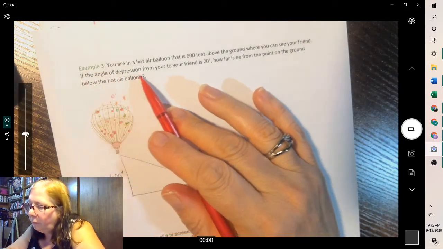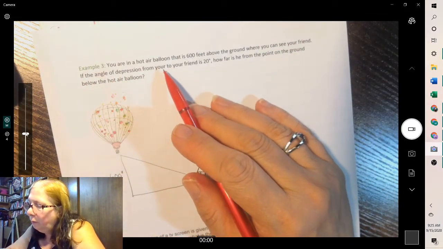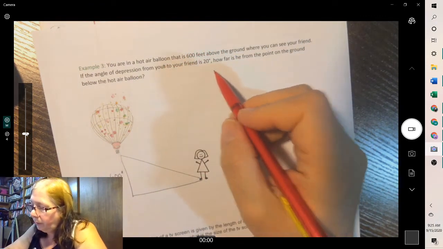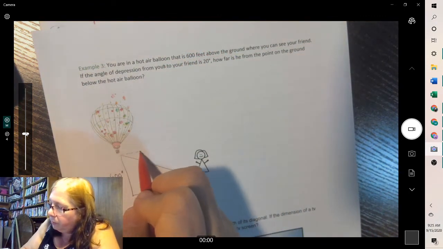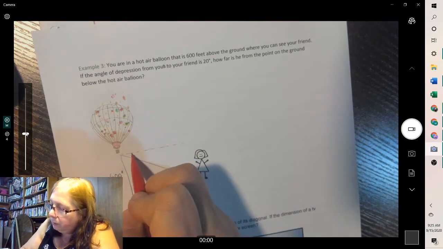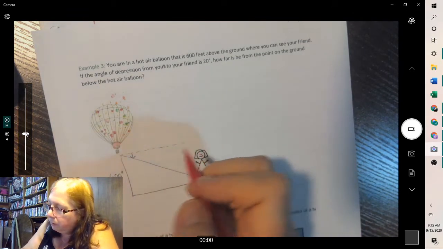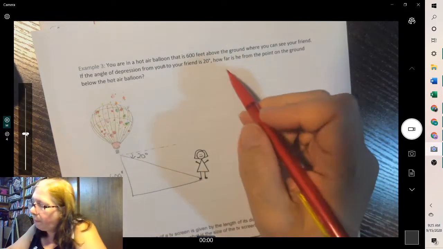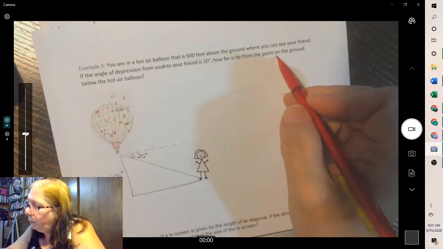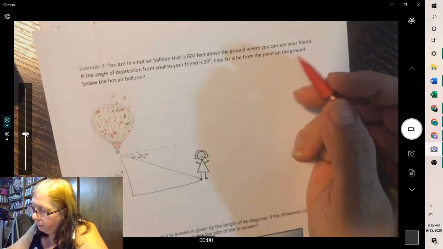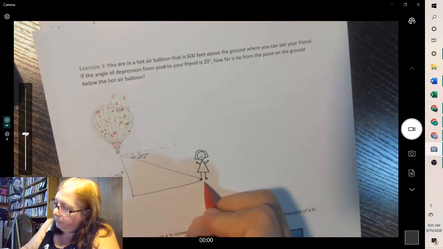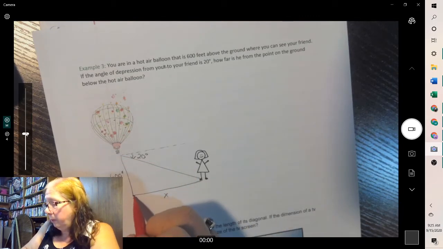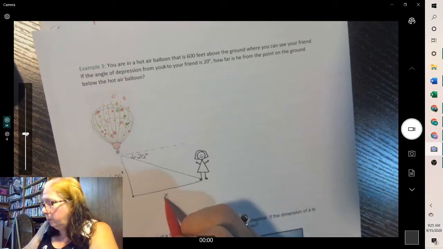If the angle of depression from you to your friend is 20 degrees, remember angle of depression is this way, is 20 degrees. How far is he from the point on the ground below the hot air balloon? We want to know how far he is from the balloon and the point on the ground. So we're looking for this one.